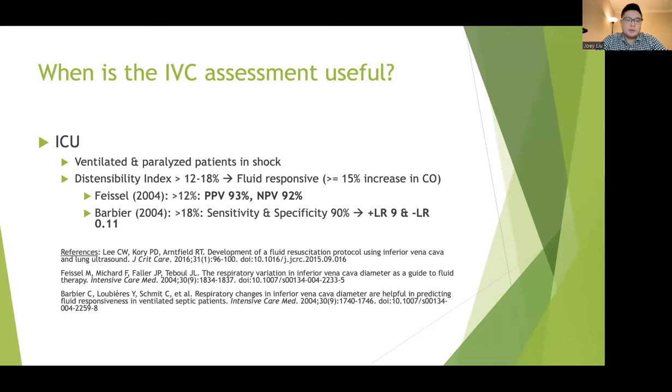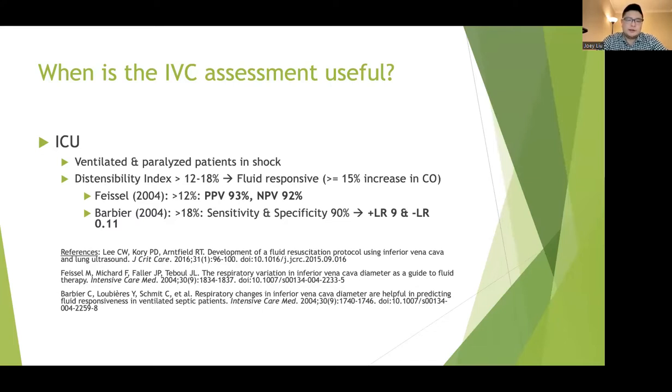One study found that if the IVC were to distend more than 12% with inspiration, then it has a good positive predictive value of fluid responsiveness at 93%. And if it's less than that, it seems to indicate a decent negative predictive value as well.